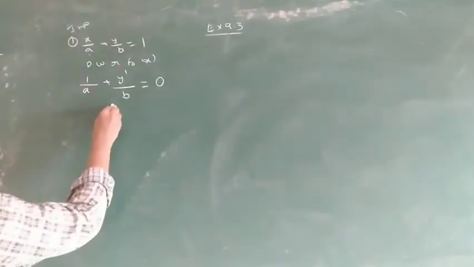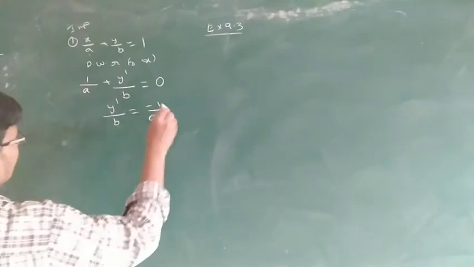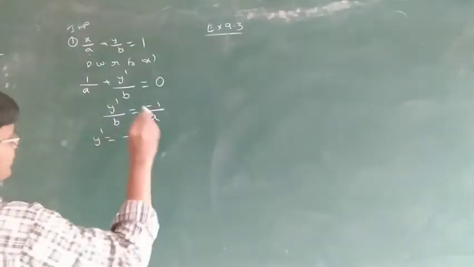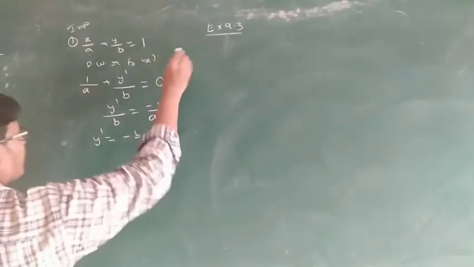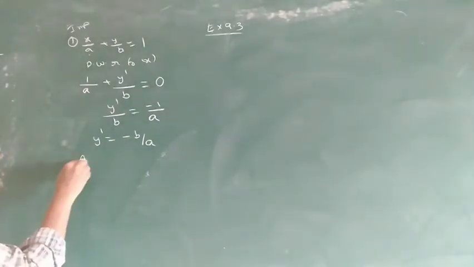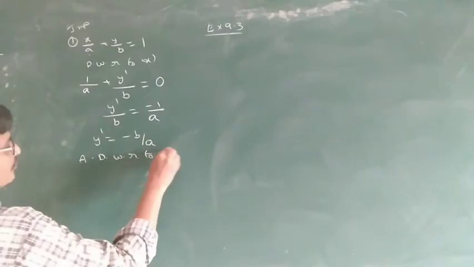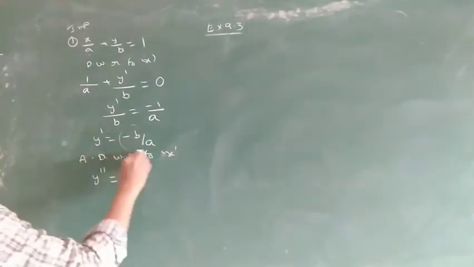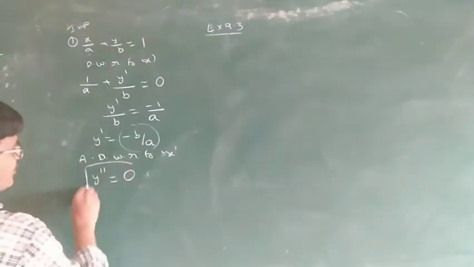Simplify: y dash by b is equal to minus 1 by a, so y dash is equal to minus b by a. One time is already completed. Again derivative with respect to x: y double dash, minus b by a is a constant, and the derivative of a constant is 0.